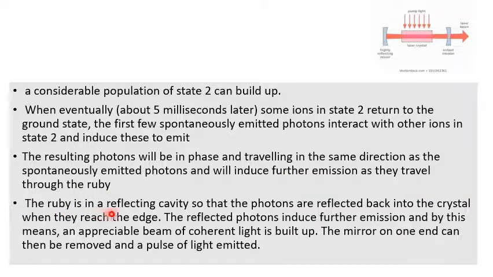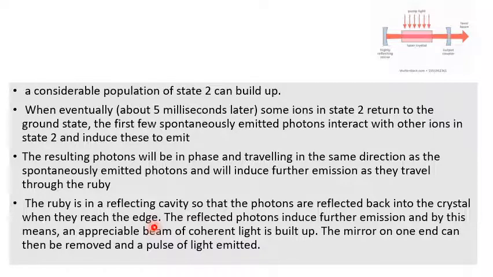The ruby is in a reflecting cavity, so that the photons are reflected back into the crystal when they reach the edge. No photons are lost; they reflect back in the cavity and all the photons are collected.